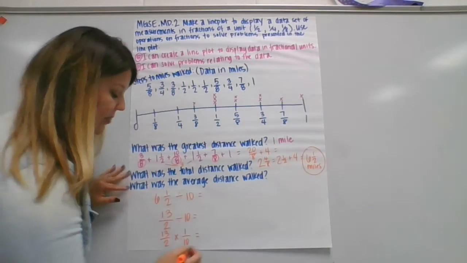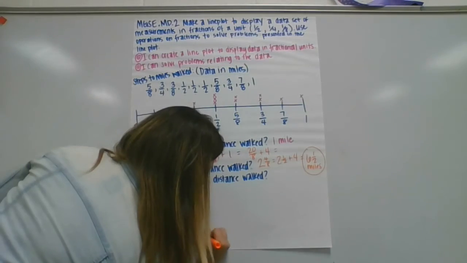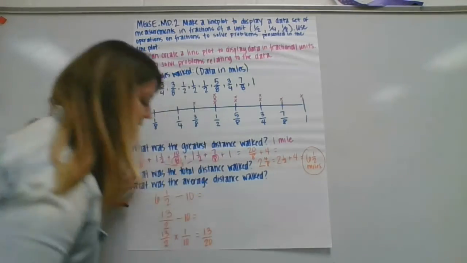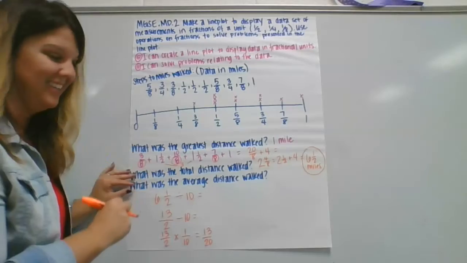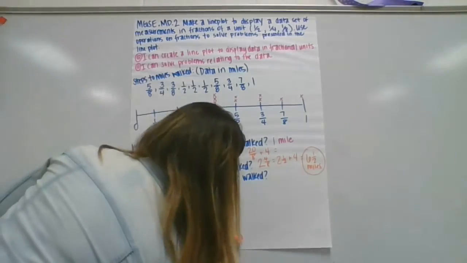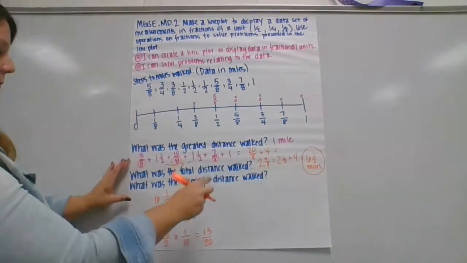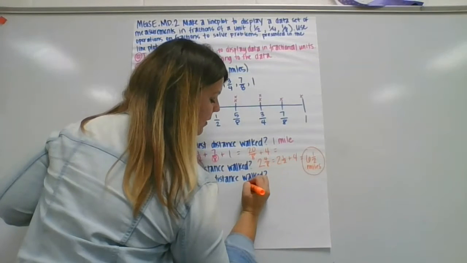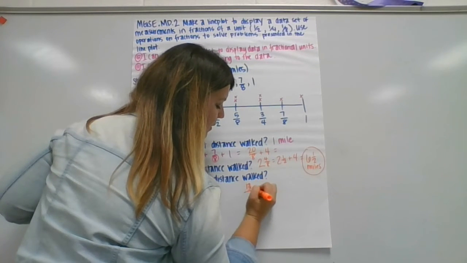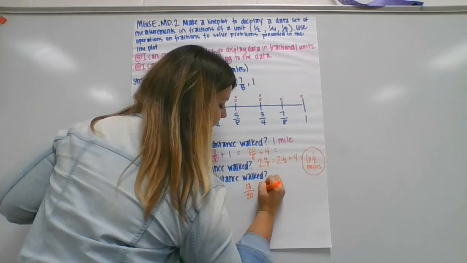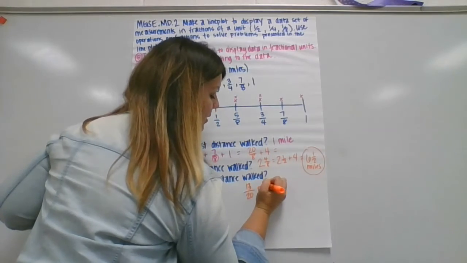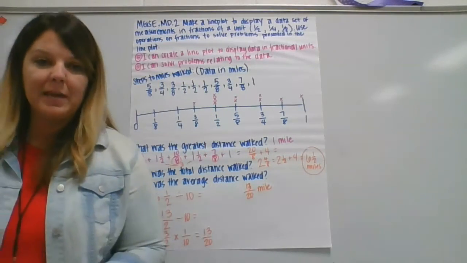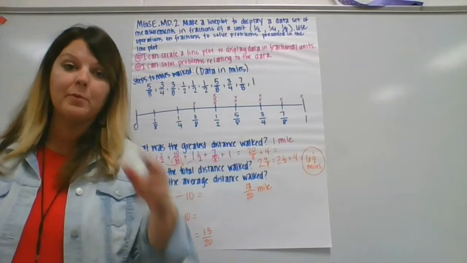And I'm going to end up with 13/20. So that's my average distance walked. 13/20 of a mile.